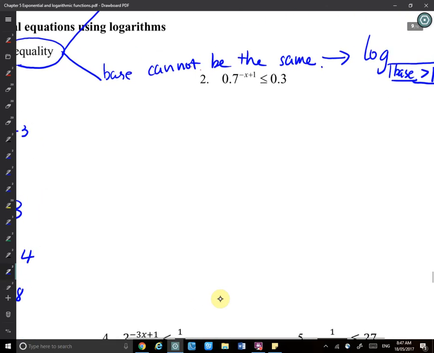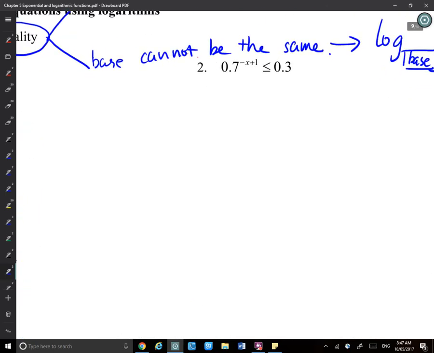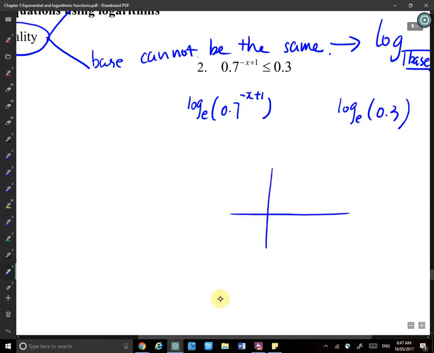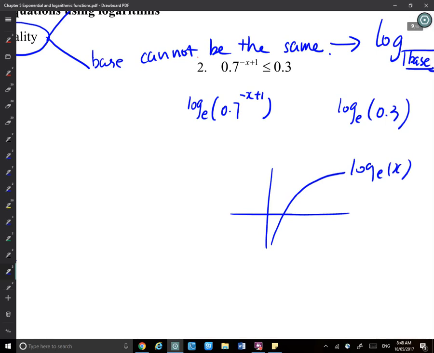Let's have a look at this. The left-hand side number is less than the right-hand side power. So if you log e both sides, what does log e x look like? The larger the x values, the higher the y value.